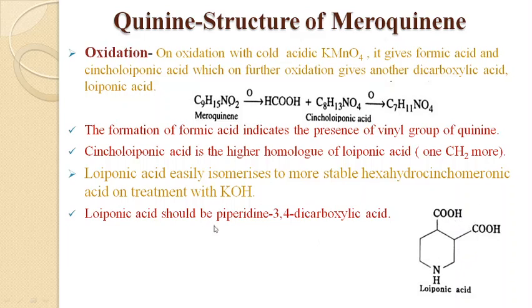So the structure of loiponic acid should be piperidine 3,4 dicarboxylic acid. This important conclusion is derived with the help of KOH.